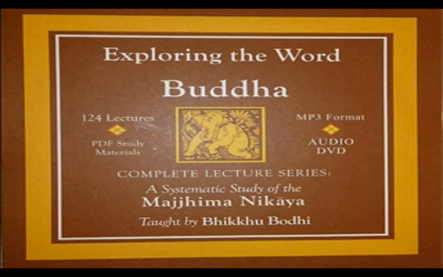Then we go to Majjhima number 66. Oh yes, I eliminated that too, for now. Maybe later we'll take it. It was too early to put it in that place.